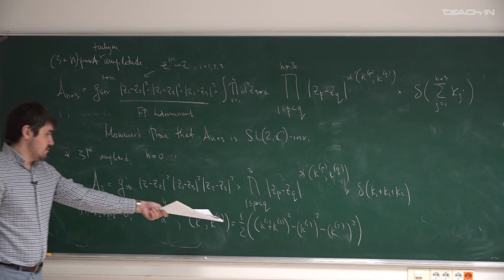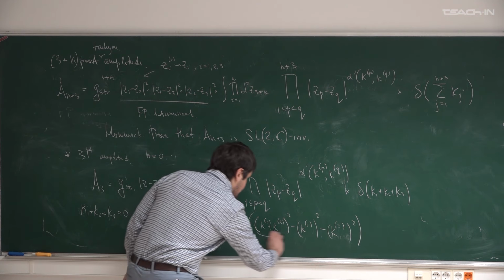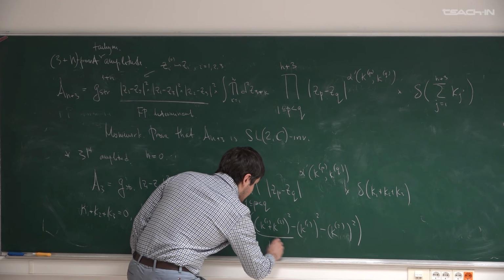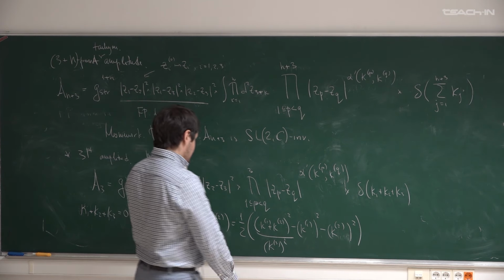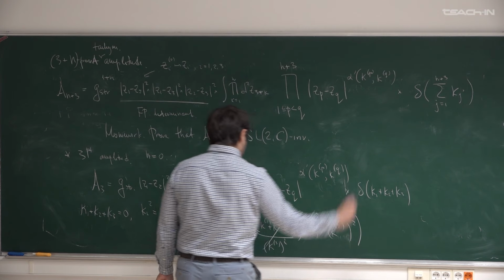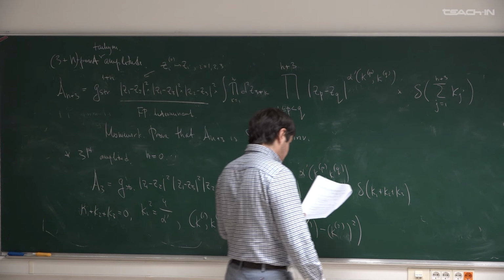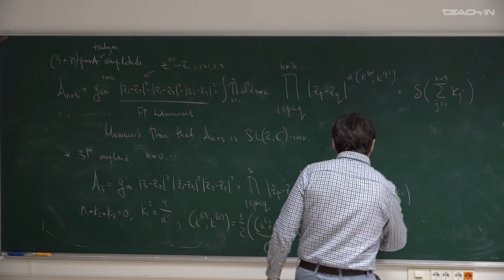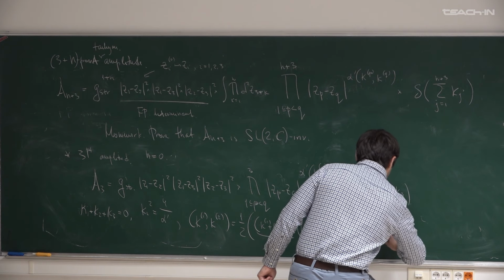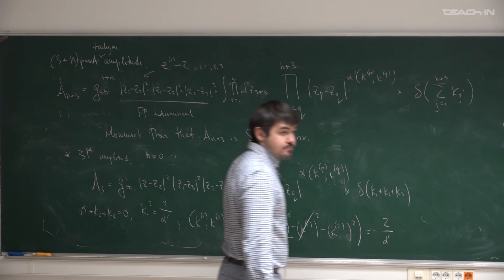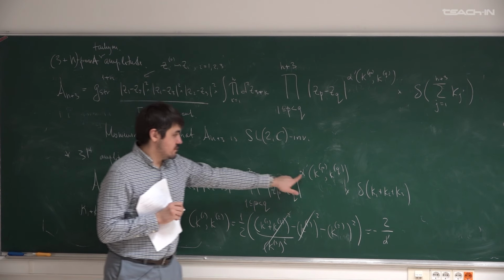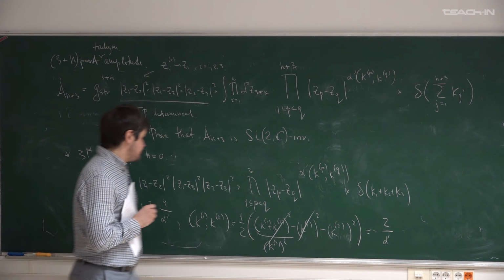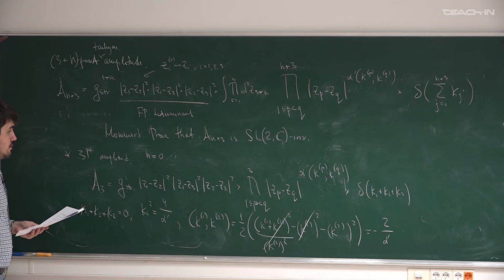But then K1 plus K2 is minus K3, so this is K3 squared. They're all equal to each other, so this cancels against this, and what we get is minus 2 over alpha prime. The same works for K1 K3 and K2 K3. So all these exponents here are minus 2.